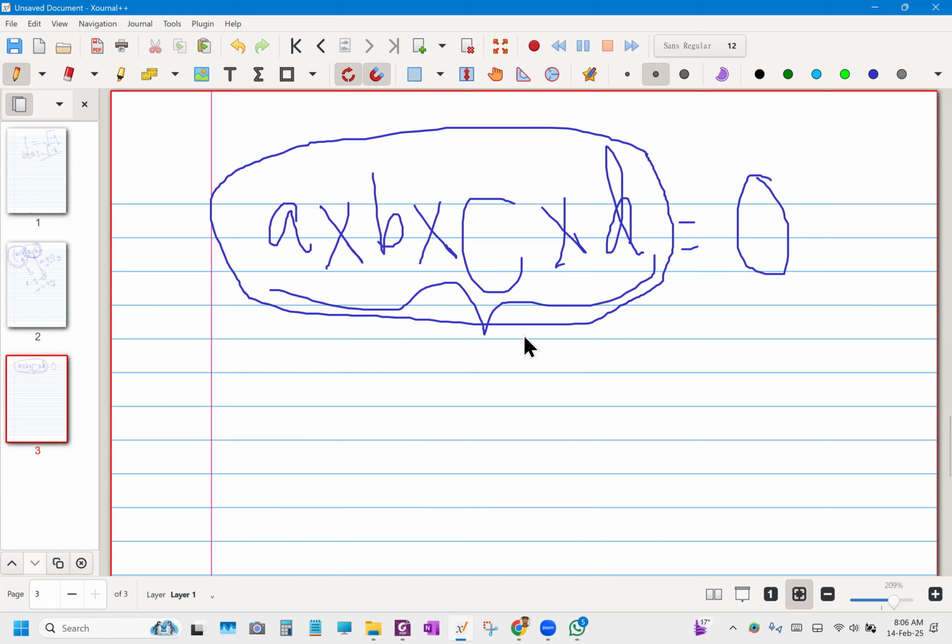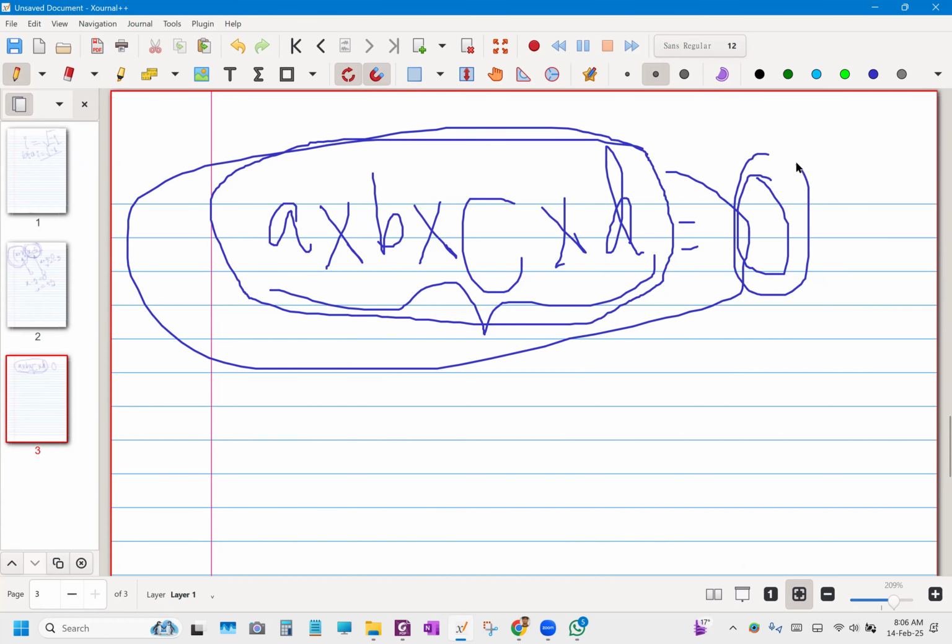It means that the only situation in which this left side will equal 0 is if any of these, A or B or C or D, is equal to 0.